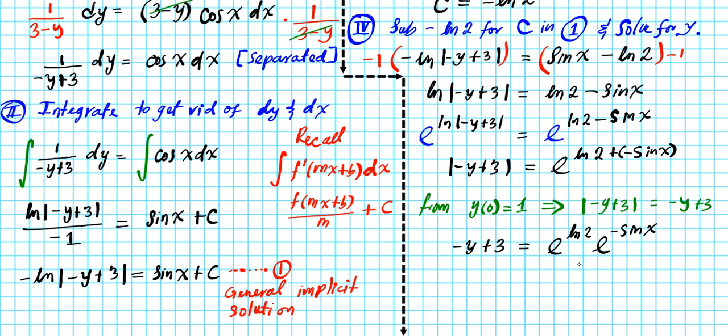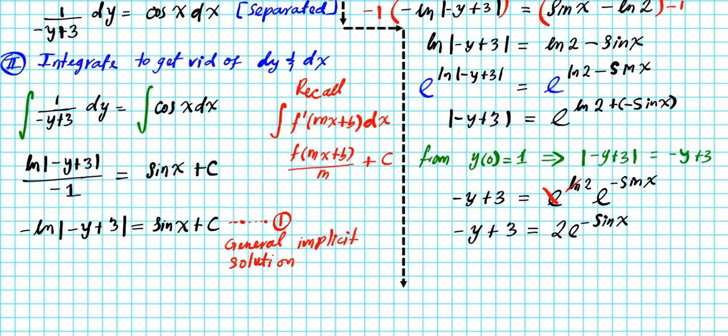That's how I got this. Now we can implement the inverse property of logarithms again. E and ln 2 cancel out. We have negative y plus 3 equals 2 e to the negative sine x.